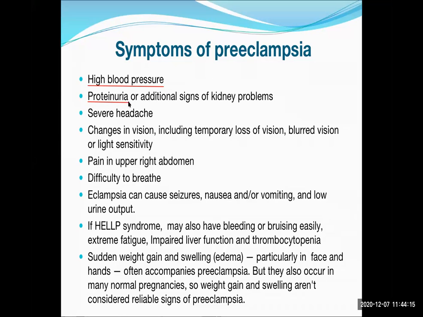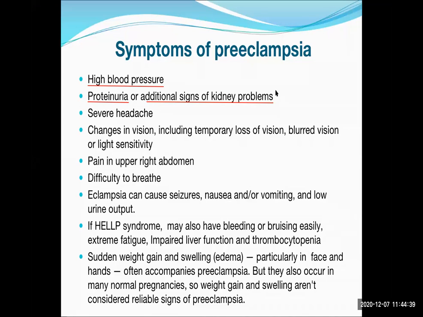Second is proteinuria or additional signs of kidney problem. Now, what do you mean by that additional sign of kidney problem? Yes, what other? Anyone? Like polycystic kidney disease, pyelonephritis, severe kidney pain like colics in kidney. Okay, but here you are right. If I ask that general question, your answer is absolutely correct.